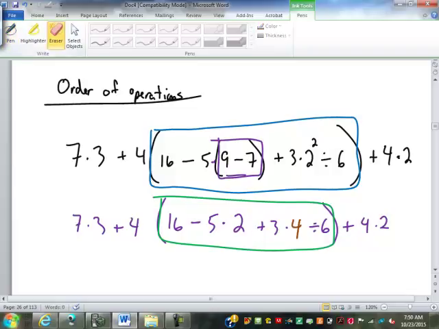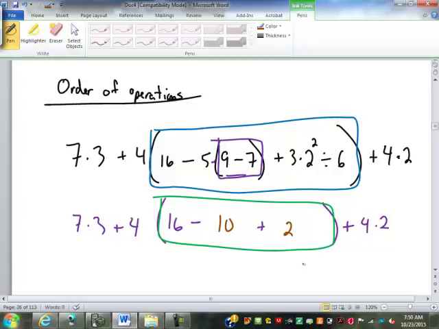Where do I start? 5 times 2, which is 10. What's next? 3 times 4 is 12. Then 12 divided by 6. Don't lose faith. You got it. Now we're done with all of our multiplication and division.